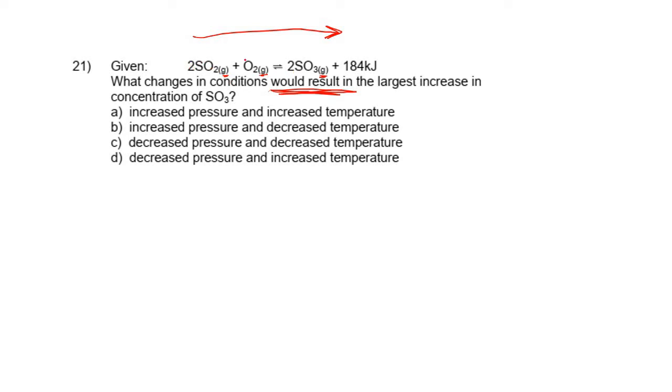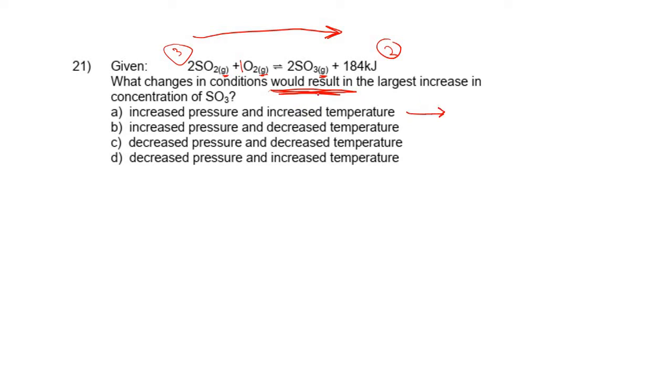So 2 SO2s plus 1 oxygen means I have 3 gases on the left and only 2 gases on the right. So you got to count your gas particles on each side. Okay? So 3 gases on the left, 2 gases on the right. So if I increase the pressure, I'm going to want to shift right to the side with less gas particles because that's going to bring the pressure back down. So that's a right shift, right?